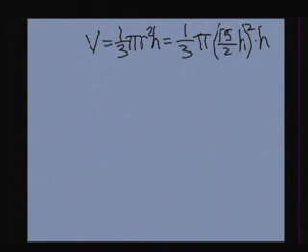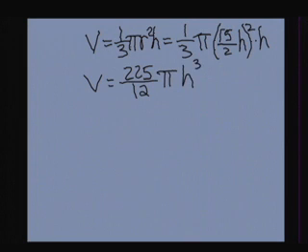And when we simplify that, we get a volume is equal to, well, we have 15 squared, which is 225. 4 squared is 4, multiplied times 3 is 12. We still have our pi, and then we have H cubed.